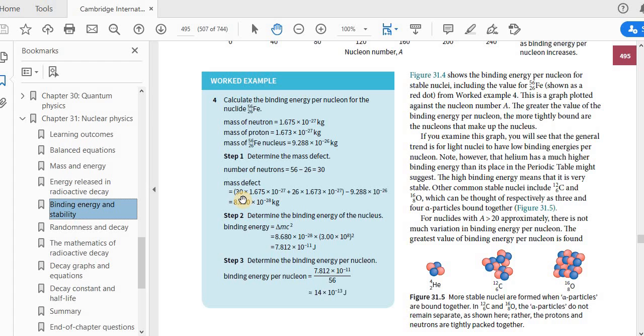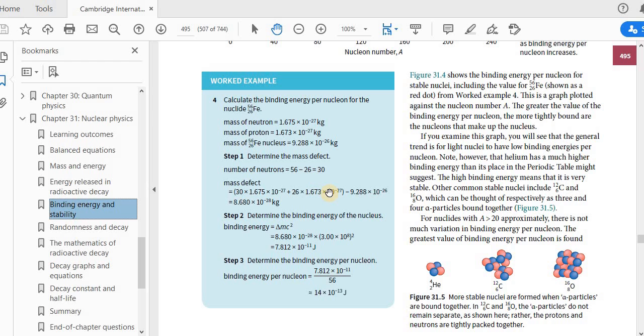Then 30, the number of neutrons, times the mass of one neutron gives the mass of the 30 neutrons separately. Then 26 protons, therefore 26 times the mass of a proton gives the mass of the protons if you consider them separately, not together in the nucleus.